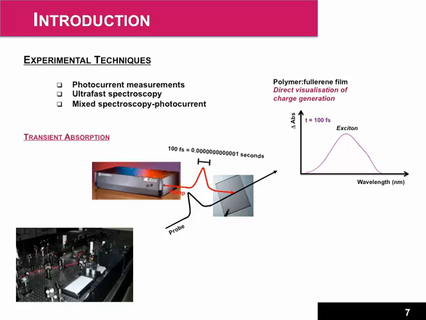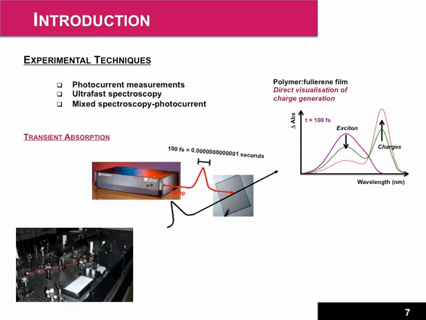Here, if we take the absorption spectrum of the excited sample just after excitation, you will see a typical signature in your spectrum, which is due to the exciton of the polymer. Then we measure the absorption spectrum again, but we come in with the pulse which reads the information a little bit later, and therefore we get another spectrum where now the signature of the exciton has gone down, but we have had some electron transfer to the fullerene, so we see a new signature due to the charges going up.